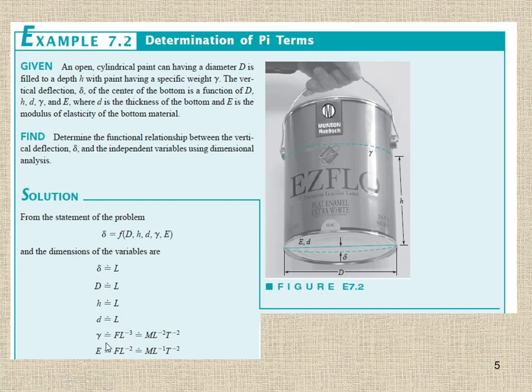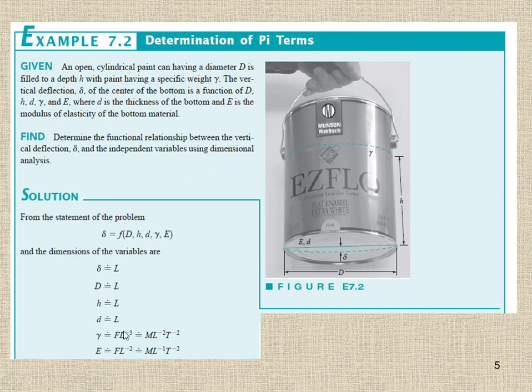Here you can see we have intentionally written down the dimensions of specific weight and modulus of elasticity in the FLT system as well as in the MLT system. These four variables have the same dimension in both systems of dimensions, but gamma, the specific weight, is force per unit volume, and the modulus of elasticity is force per unit area.